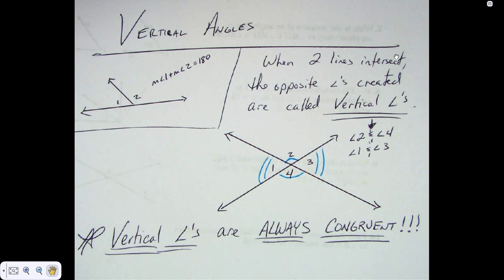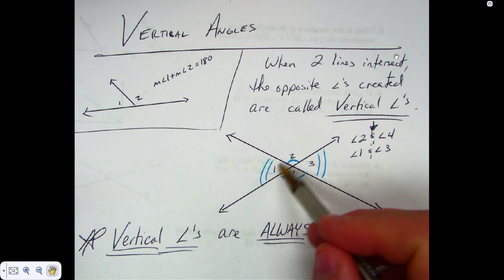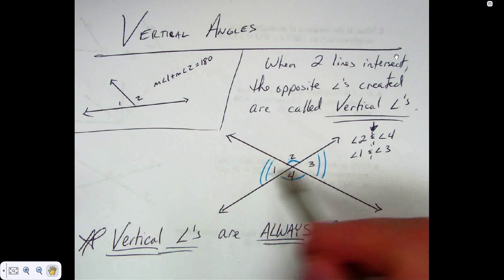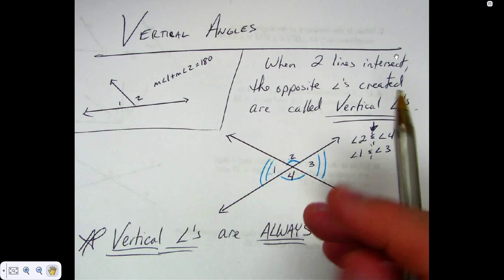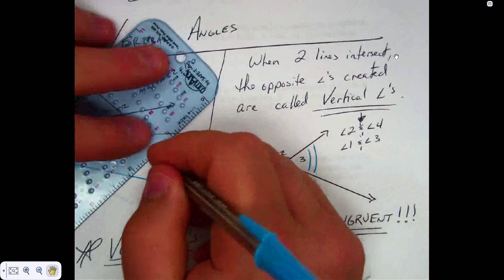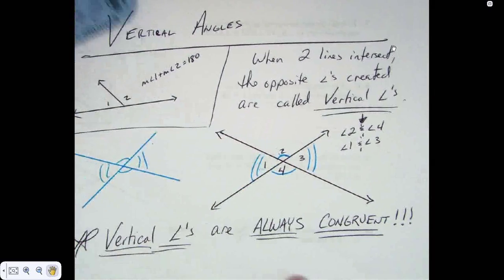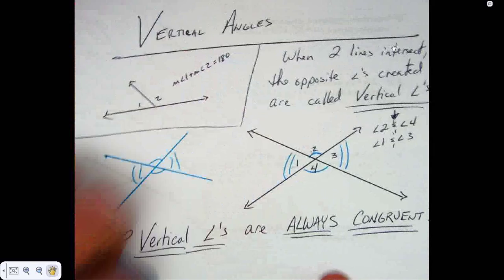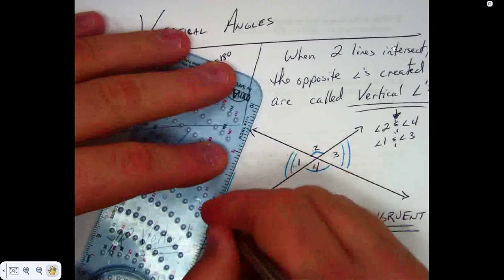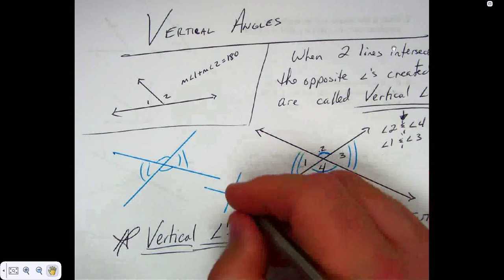No matter how you draw two lines intersecting, what do you always know about the opposite angles? What do you know about the adjacent angles? They add to 180. The opposite angles are what? Congruent. No matter how I draw them, that's always the case. I don't care how you try to draw them, whether you draw them to where they almost look like that, what's going to happen?